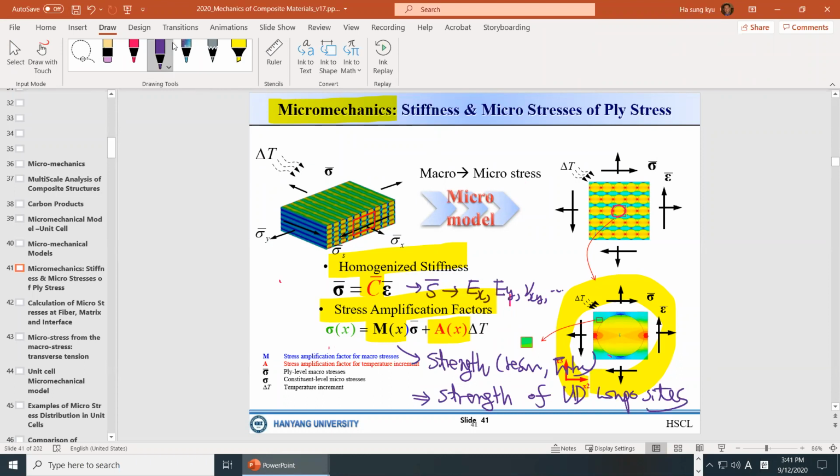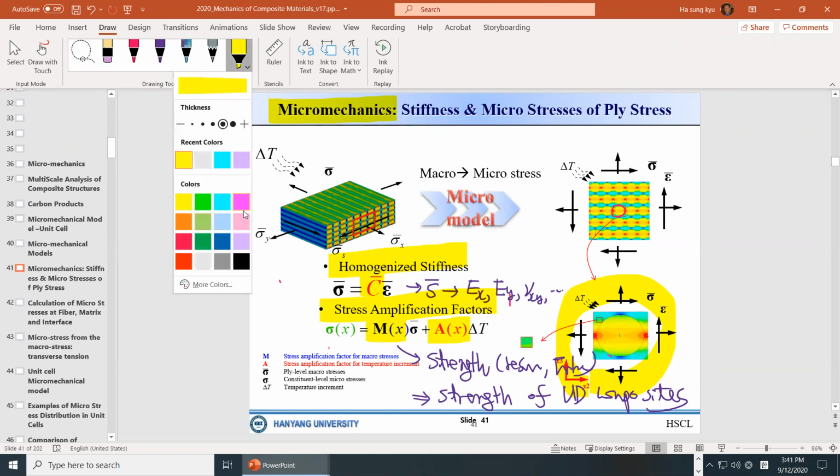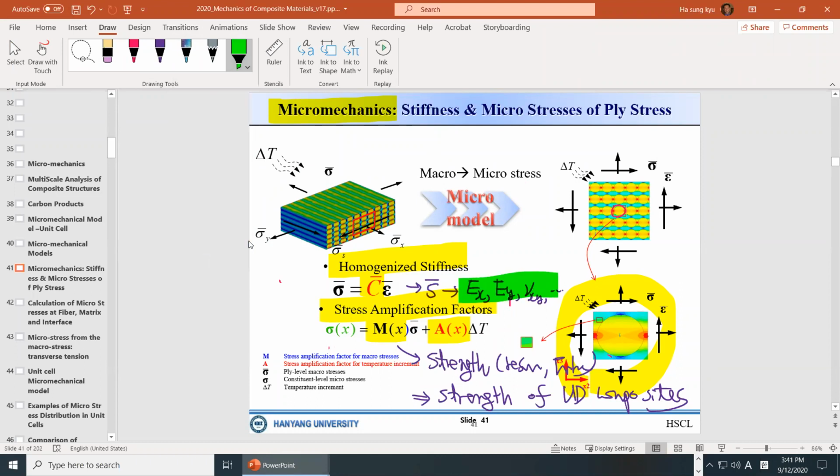So, to make a long story short, what we like to do using micromechanics is that we get the stiffness, and we get the strength. The strengths we will cover later are the X directional strength, fiber directional compression, Y prime, and S. Those are strengths we can calculate.